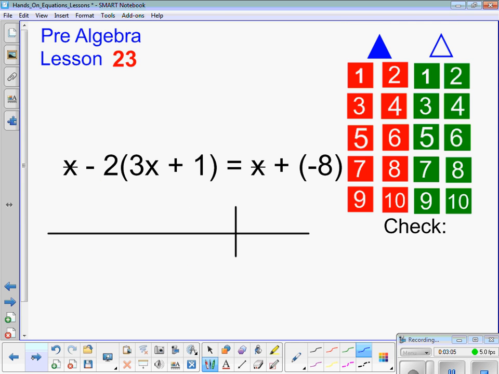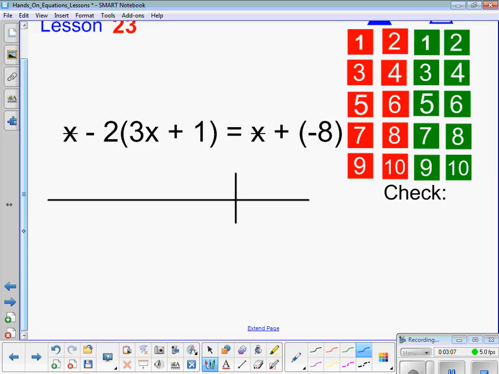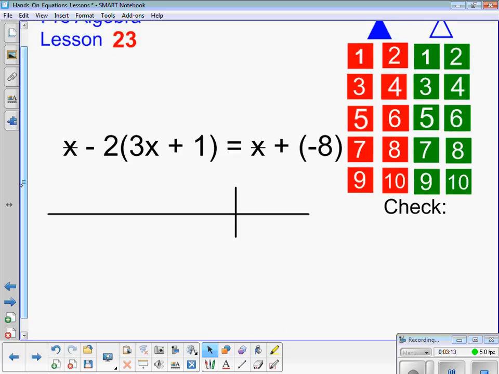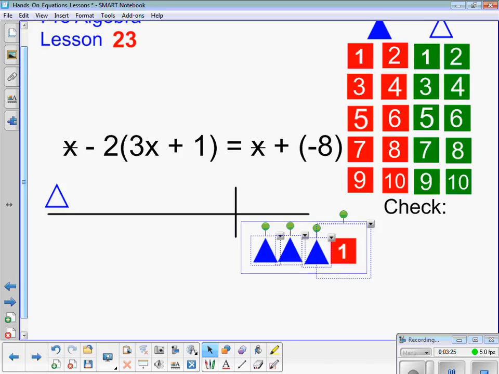Now let's try another problem. Let's say I had star minus 2 of these 3x plus 1s equaling star and a negative 8. Okay, well, to get the star, or the opposite of x, I bring that in. I've got to subtract off 3 x's, 1, 2, 3 x's, and a 1. And I've got 2 of these.